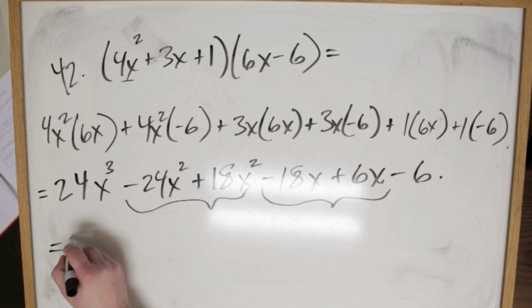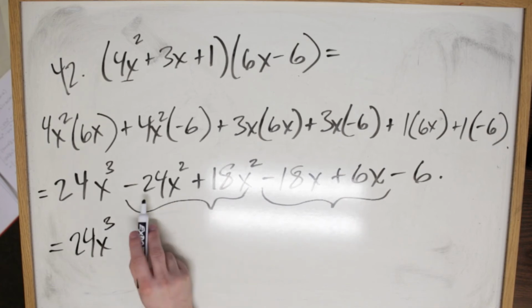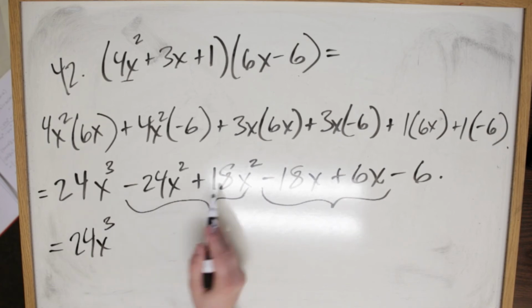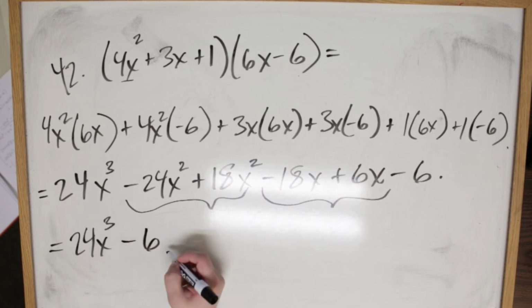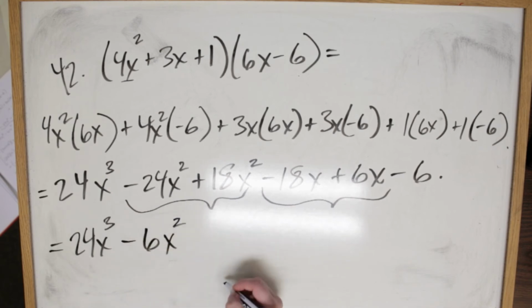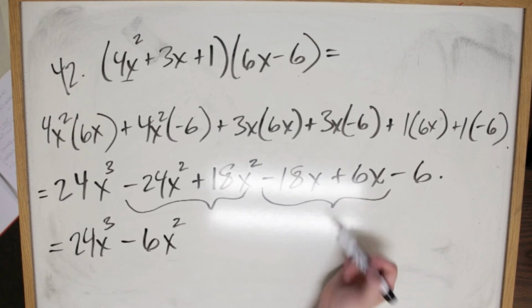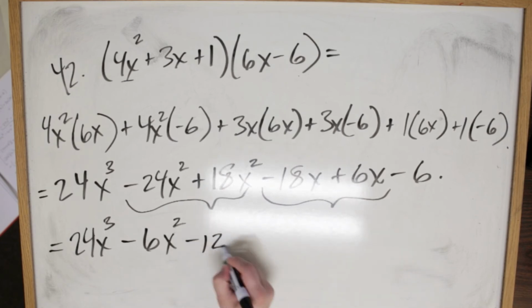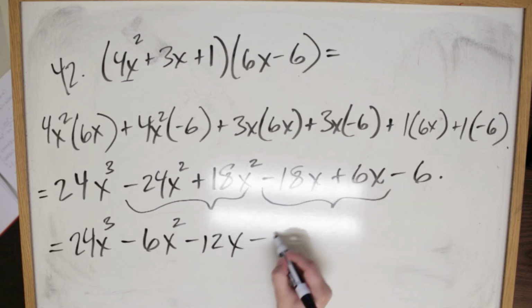So let's go ahead and rewrite that first term and combine the coefficients. So minus 24 plus 18 is going to be a minus 6x squared. Now I do this piece. Minus 18 plus 6 is going to be a minus 12. I have an x here. And then lastly, my minus 6 comes along for the ride.